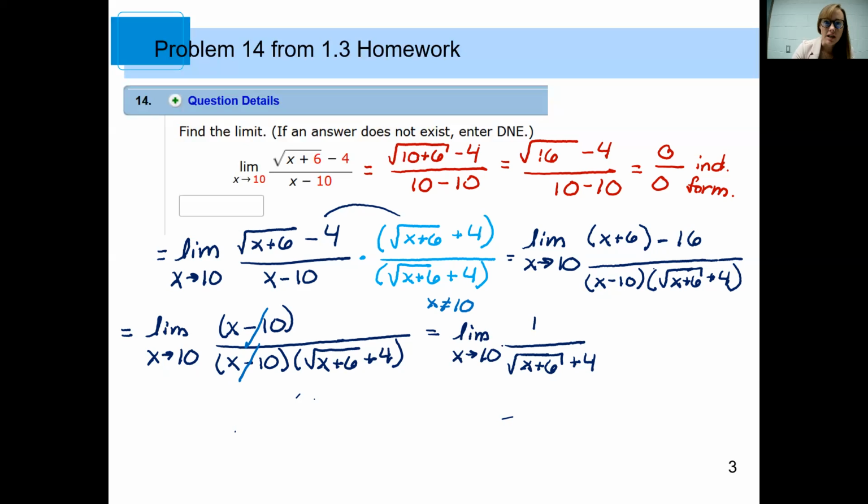And again, that's because we're saying x doesn't equal 10. Now we found an equivalent expression that agrees at all but one point, that point being 10. But this new expression is defined at 10, so now we can directly substitute 10 for x.